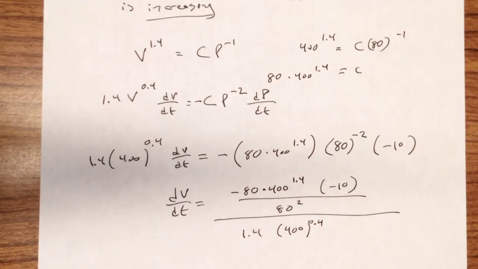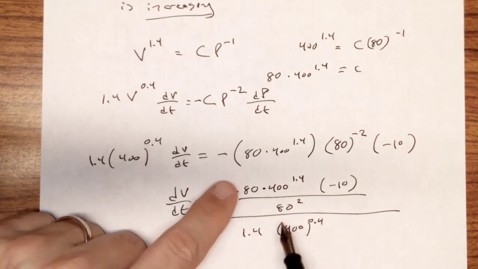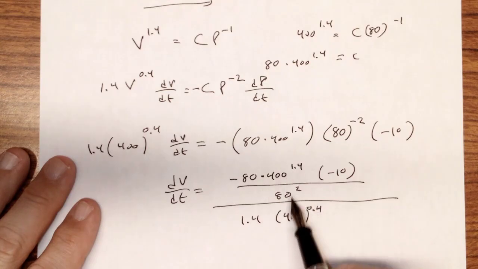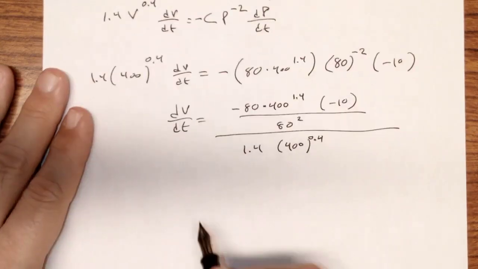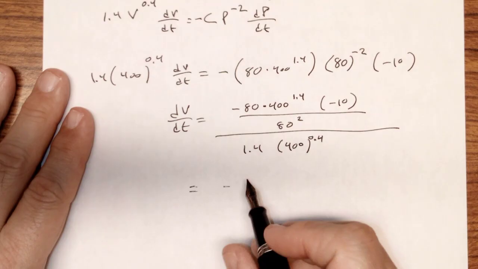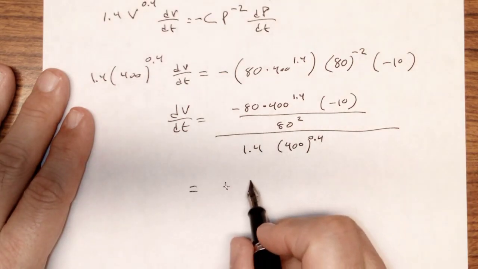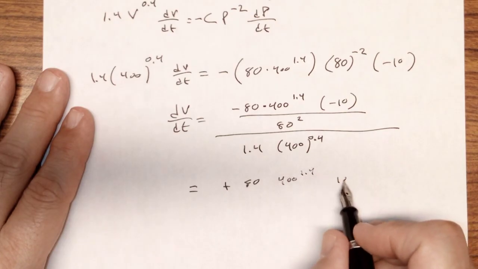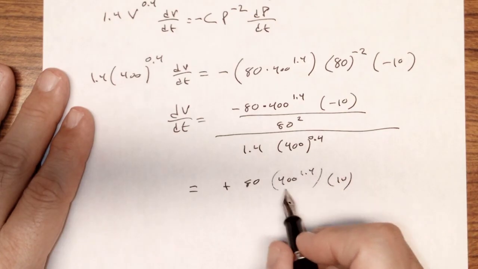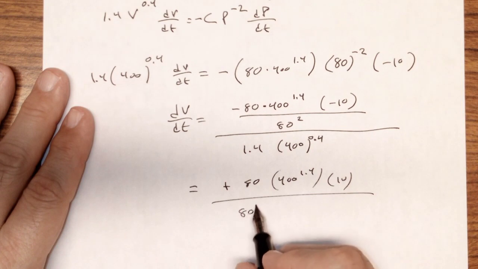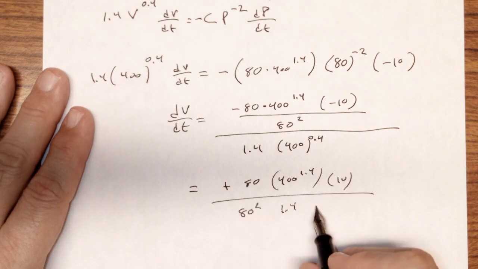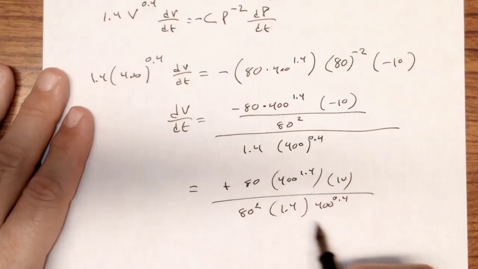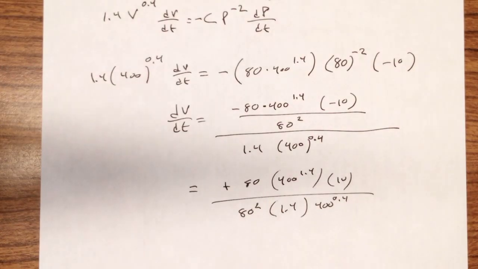Ew. Hey, wait a minute. I have an 80 on top and an 80 on the bottom. That'll simplify. I have a 400 to a number on top and a 400 to a number on the bottom. Let's do the algebra before. Minus a minus becomes plus. 80, 400 to the 1.4 times 10 over 80 squared, 1.4, 400 to the 0.4. Well, this 80 will cancel with one of those.